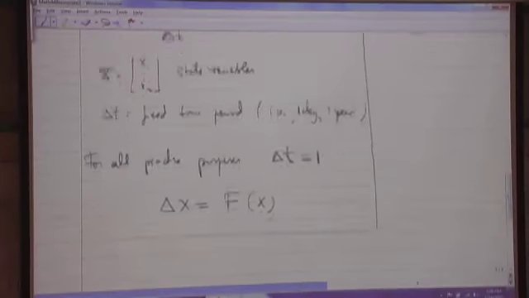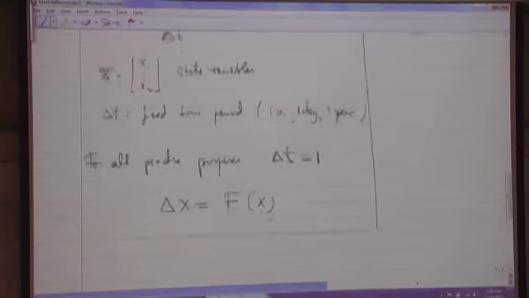And this is to contrast, of course, the continuous time dynamical system, where this would be an infinitesimal change. That law says it's an infinitesimal change of the state variable as a function of the current state. Okay?